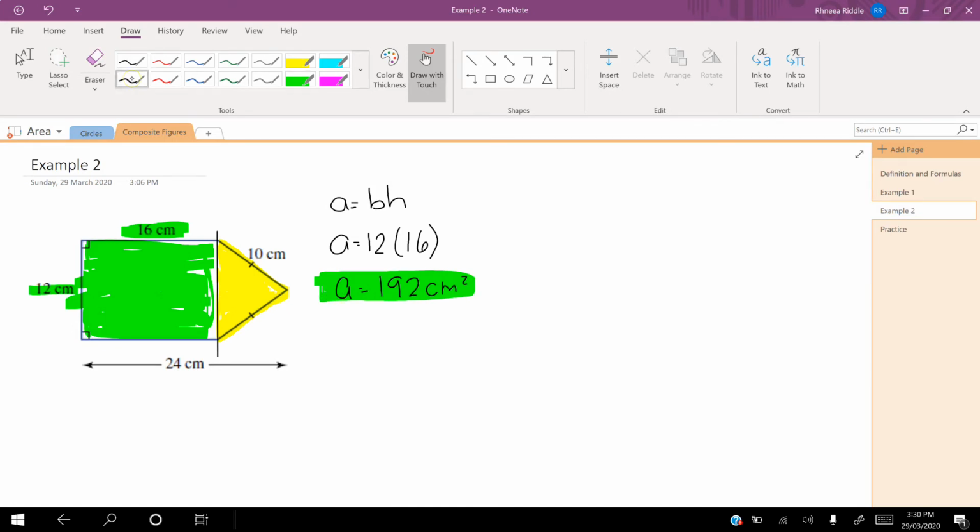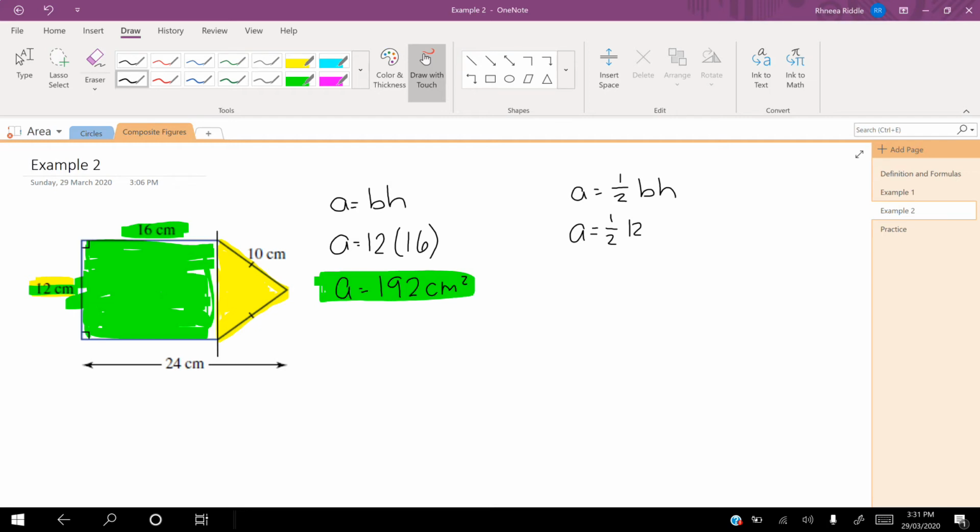So now we're going to go on to the triangle, which is A equals 1/2 base times height. So now we know the base is 12 because the base shares the length of the rectangle. So we know that that's 12. So A equals 1/2 times 12, but we still have to figure out the height.